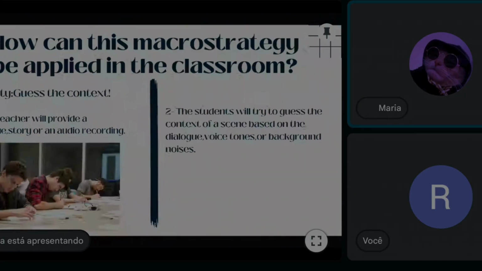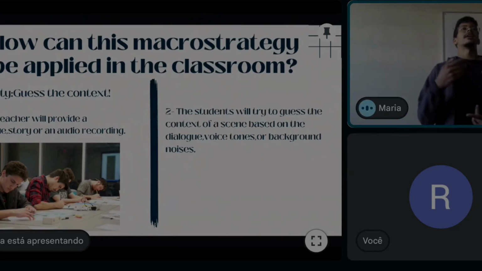I think a recording will be best, since we could mix in sounds from the environment, but it's just a suggestion. The second step would be the students trying to guess the context of a scene based on the dialogue, voice tones, or background noises, as I said.